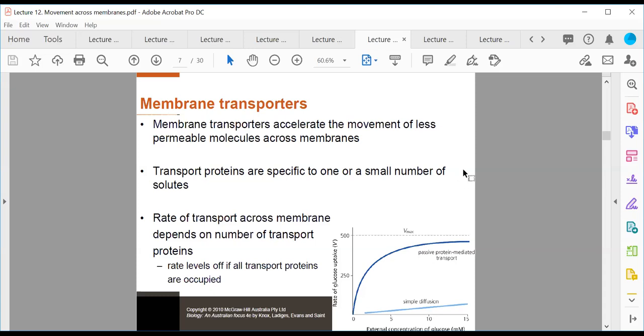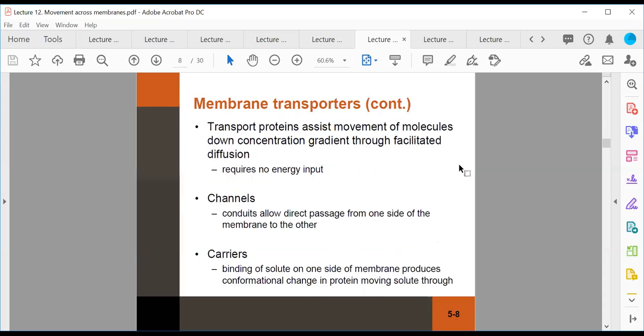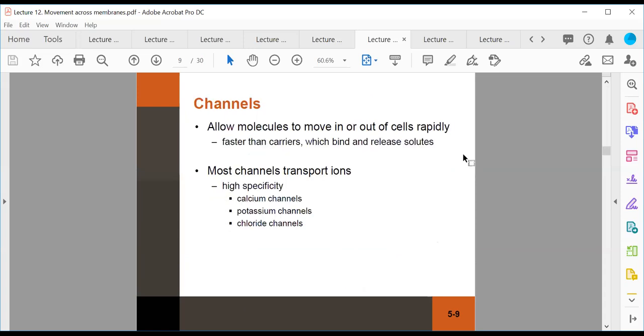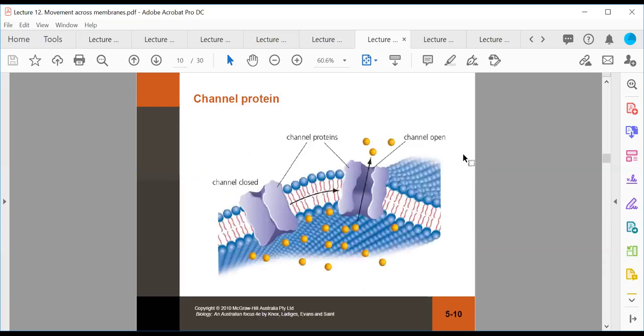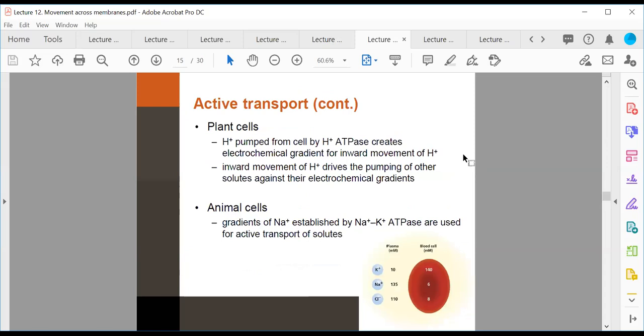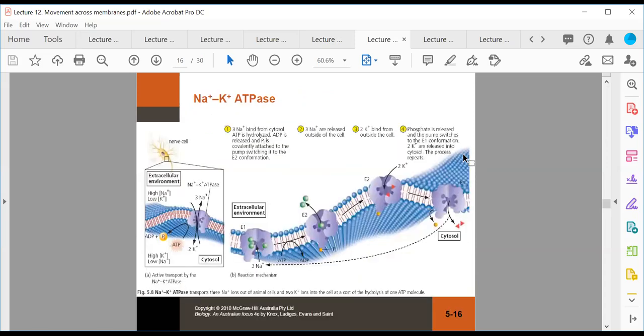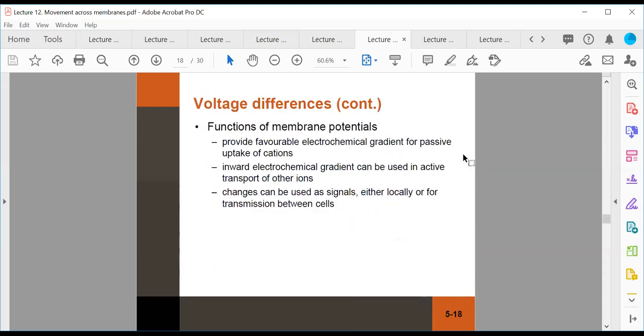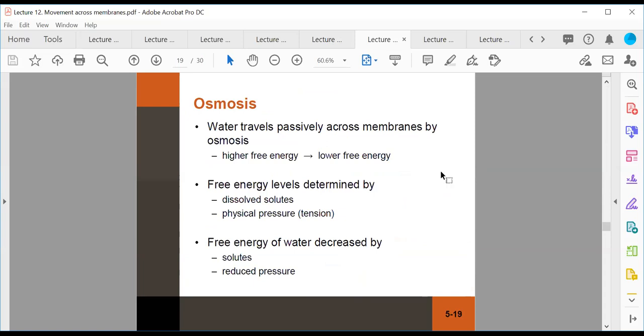Here we started talking about facilitated transport or facilitated diffusion, so make sure that you're familiar with this. Channels and carriers, a good one to revise. Osmosis.